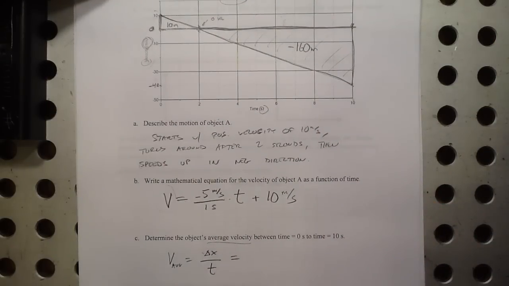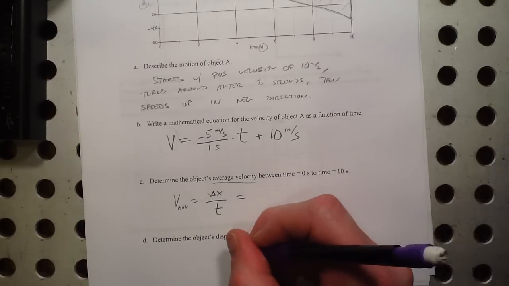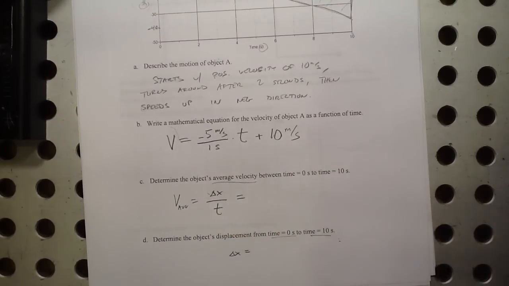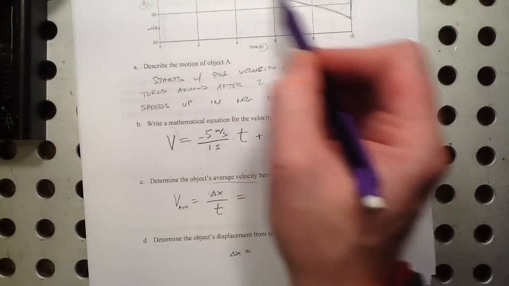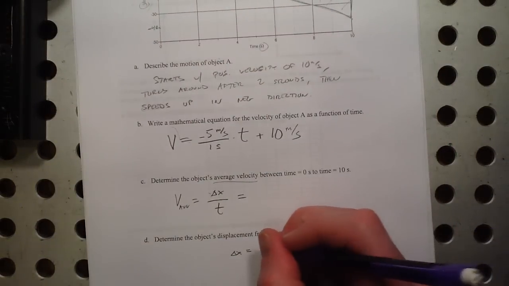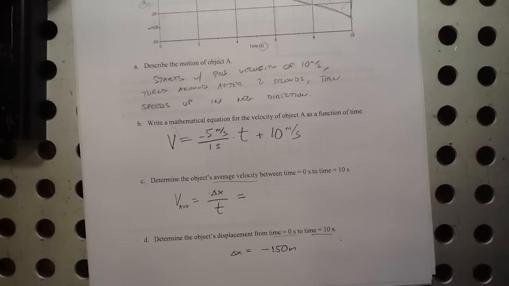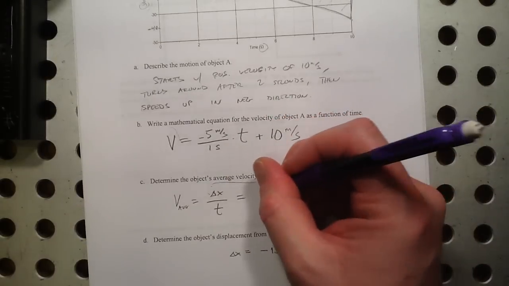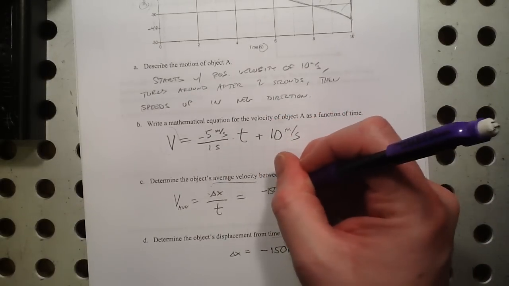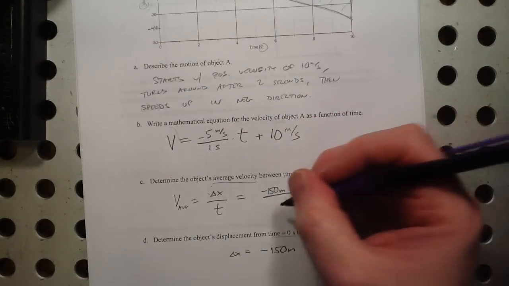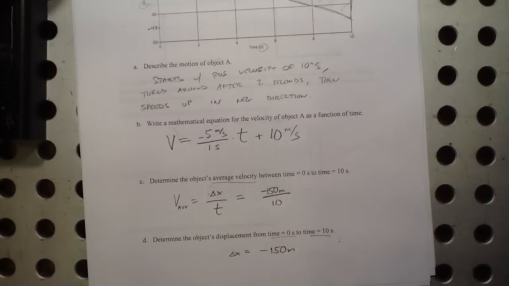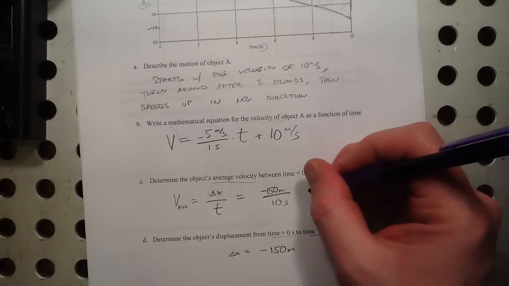So my displacement, what's your displacement if you go forward 10 and then back 160? That's back 150, right? And then, let's say here, well, that's negative 150 divided by a total of 10 seconds.